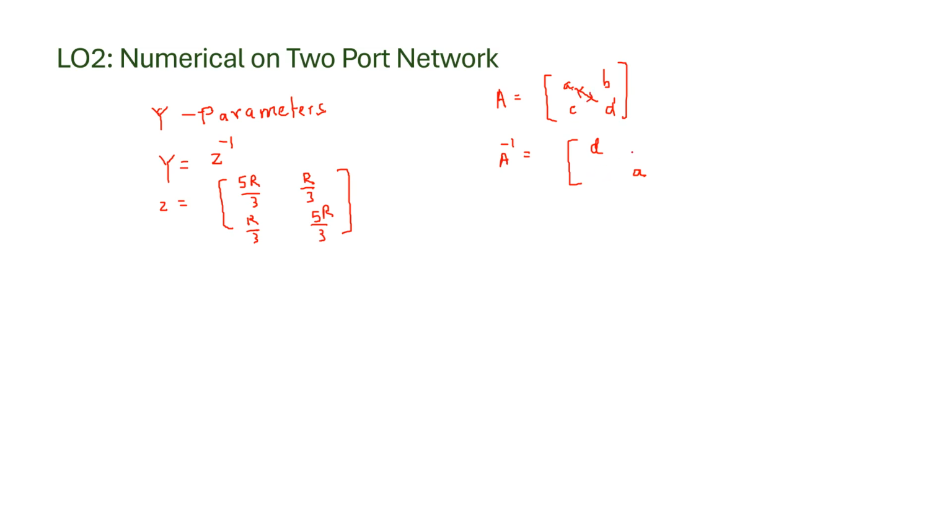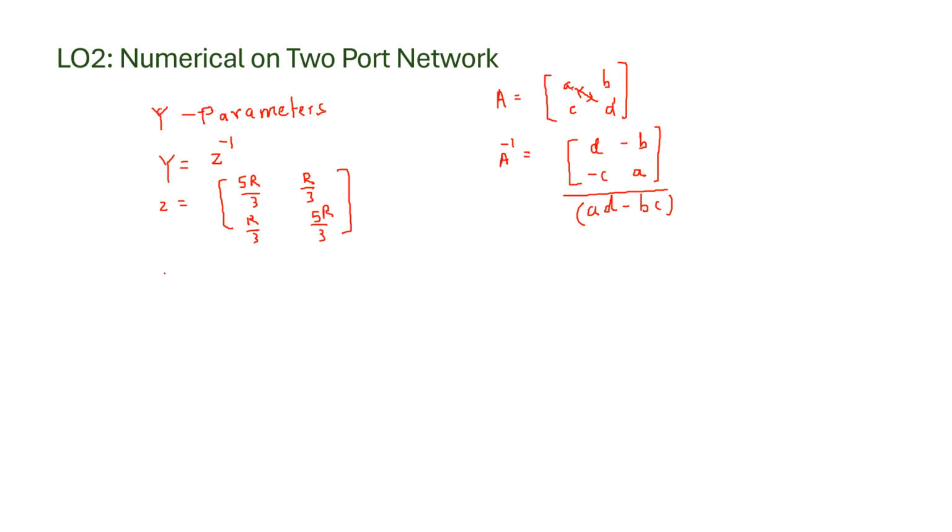Then you put a minus sign on the off-diagonal elements, minus B, minus C, then divide by the determinant of this matrix. The determinant is A into D minus B into C. This is how we can find the inverse.